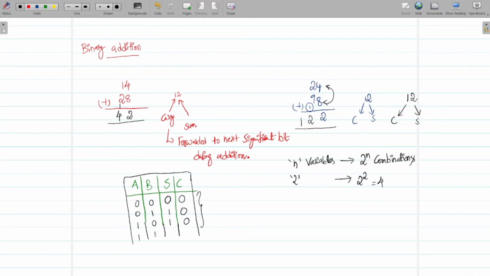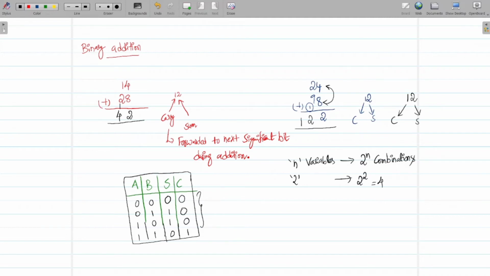The last one is somewhat different: 1 1. 1 plus 1 gives sum 0, carry 1. So 1 plus 1 generates a carry 1, which is forwarded to the next significant bit, and the sum is 0.